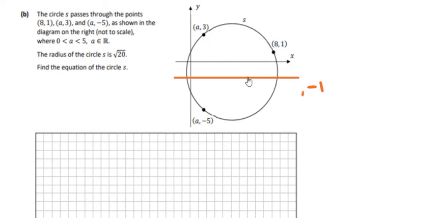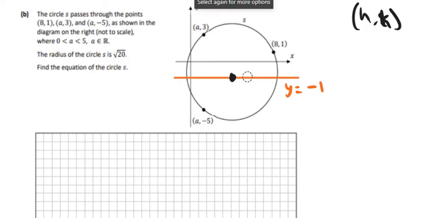So y is equal to -1. And that will have the center on it. So that there is the center. So you know that if our center is h, k, because that's just the general form of the center, well then the -1 has to be the y coordinate, so k is -1 here.